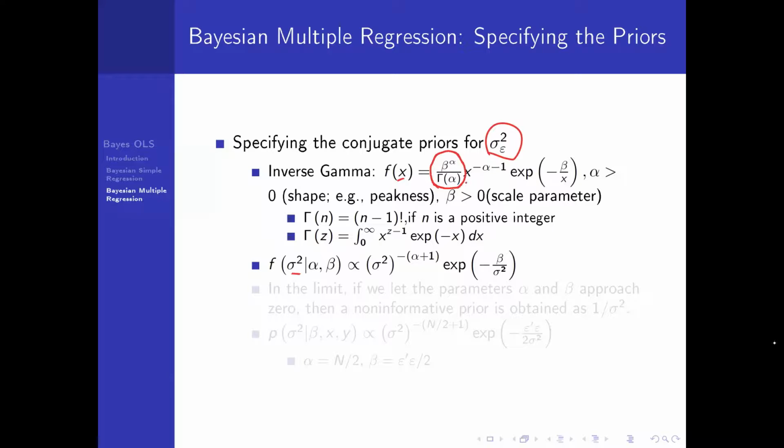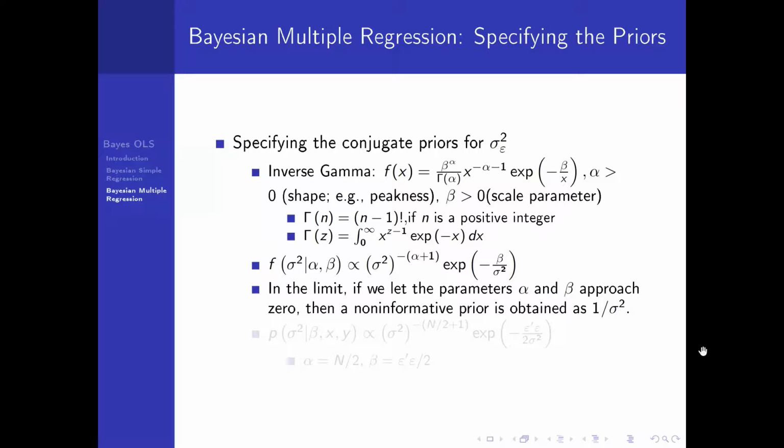So the first term is the random variable raised to the power of negative alpha minus 1, which becomes sigma square, and this becomes sigma square. Everything else stays the same. The only difference is that the leading term is dropped because it's just a constant proportionality term.